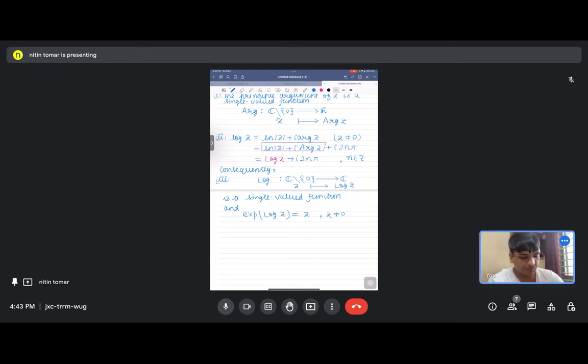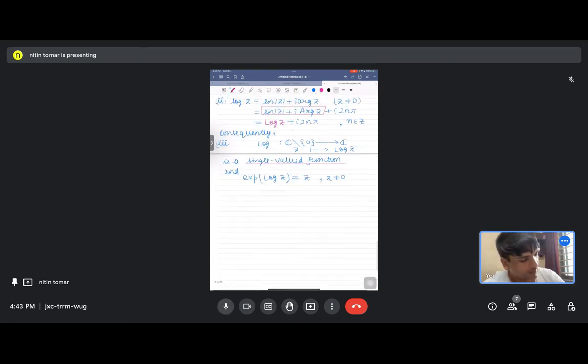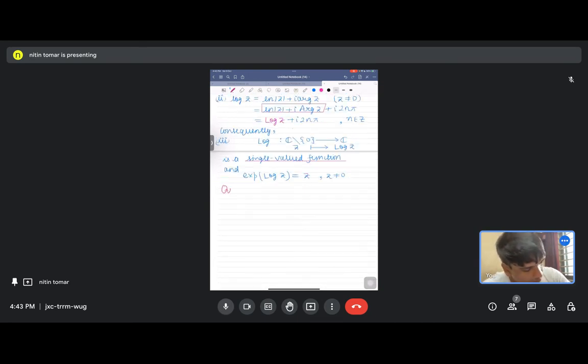So now you agree, right? So this is a single valued function that we have defined. Now the second step should be continuity, right? A natural question should come into the mind: this function log, where is it defined?